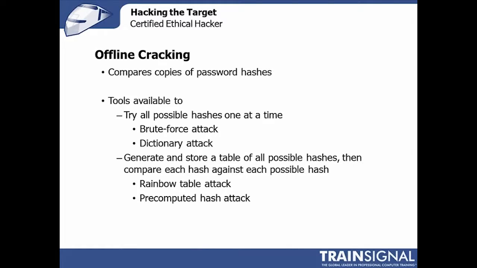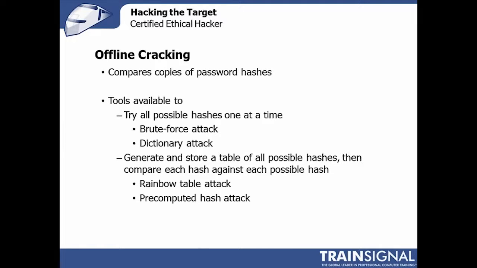The nicer, more elegant approach, that has some drawbacks but a lot of positives, is that you have a system that's pre-computed every possible hash value for a system based on, let's say, you know that the network, based on your footprinting, requires alpha and numeric, but not any non-alphanumeric characters. What you can do is download a table called a rainbow table, which is pre-computed with every possible hash value based on the character set.